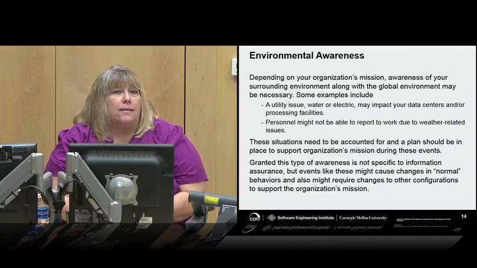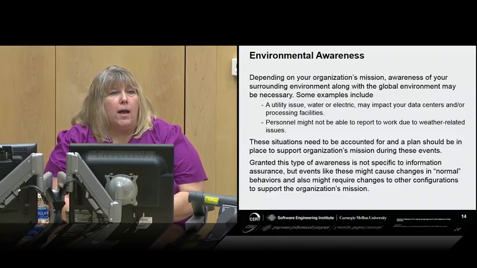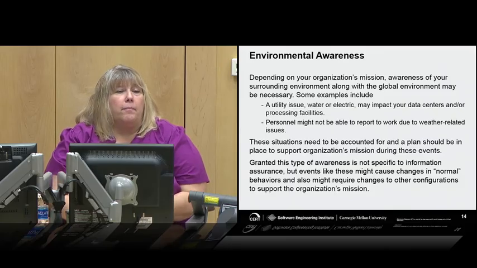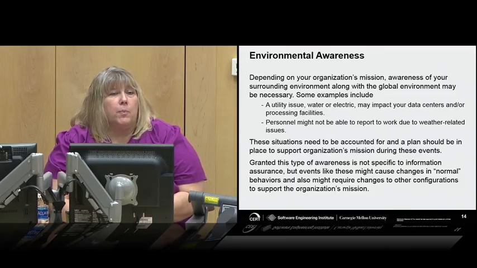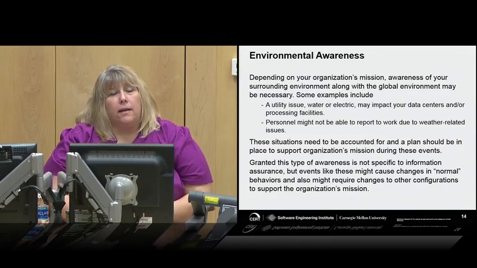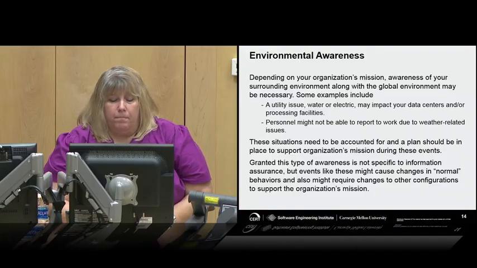So again, these can impact how you might do the work for the incident management, but also are things to think about as you're planning your processes, your backup, your surge support, and those types of issues. But understanding what may be happening environmentally on a day-to-day basis and how it might impact any other activities that you might encounter.